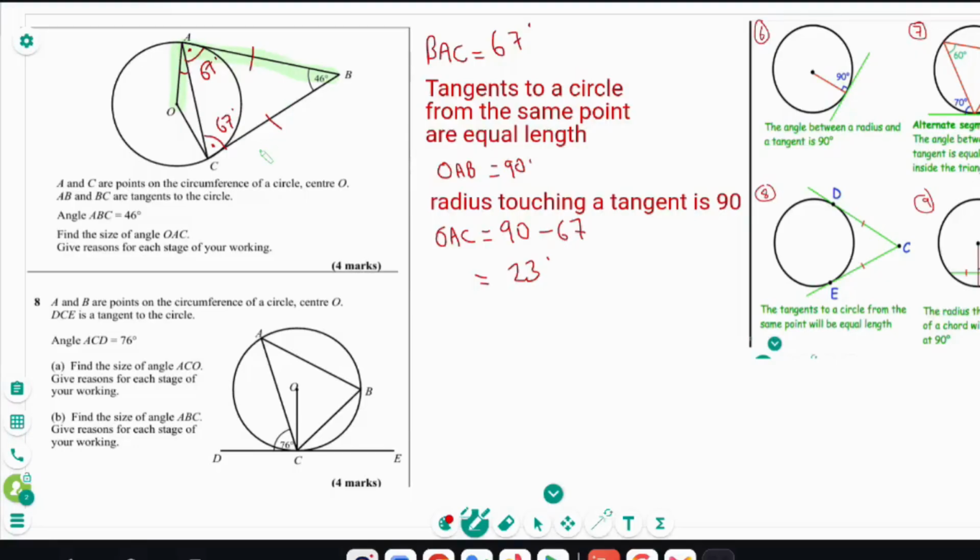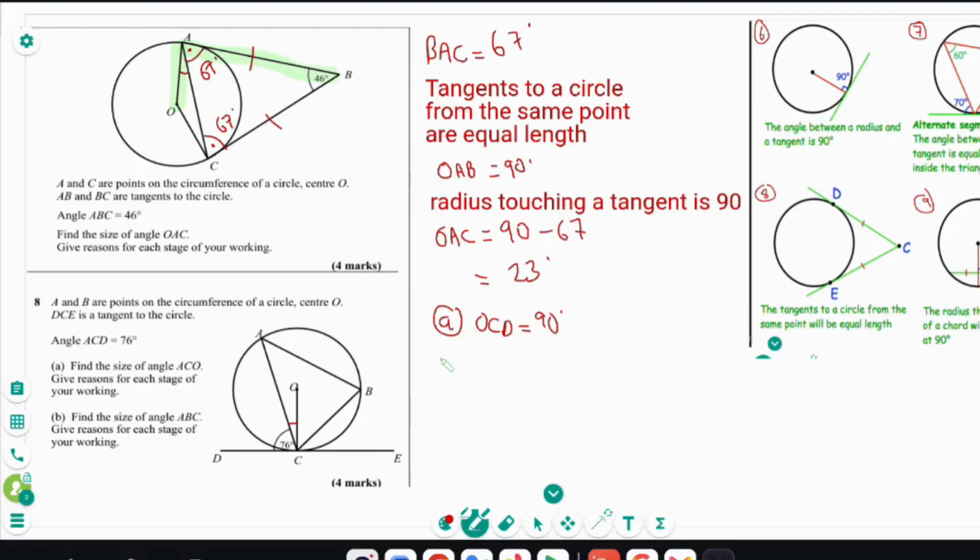Okay, so we've got A and B are points on the circumference of a circle, centre O. DCE is a tangent to the circle. ACD equals 76 degrees. Find the size of the angle ACO. So we know that OCD is equal to 90 degrees. And why?